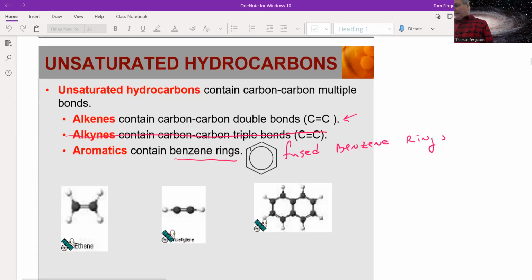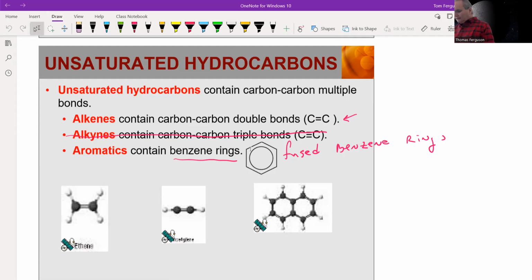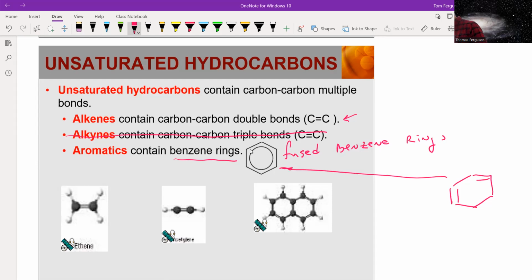And the other way to look at a benzene ring, this is the most common way of writing it, but you may also see it like this. Normally, it's with a circle in the middle of it. 99.9% of the time, I do it with a circle in the middle of it.